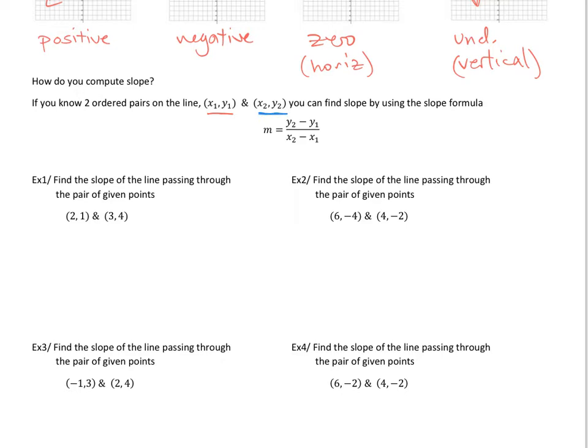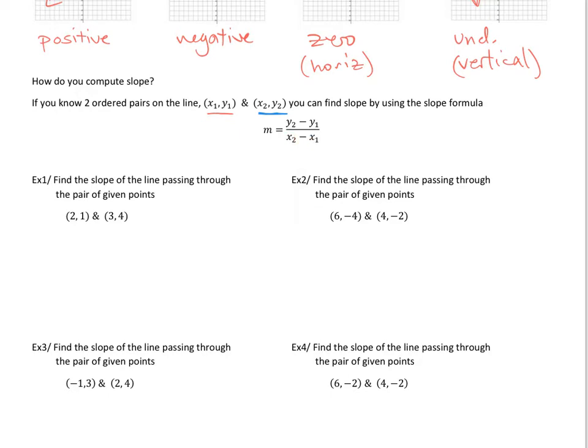We put this little 1 and 2 down here just to differentiate between the different points, so you know that these are two different points. Then we can use the slope formula. M is what we represent in mathematics as slope. The slope formula is m equals y2 minus y1 over x2 minus x1.